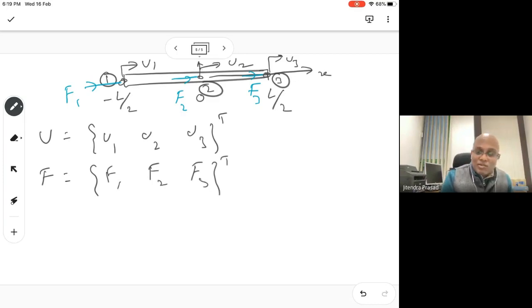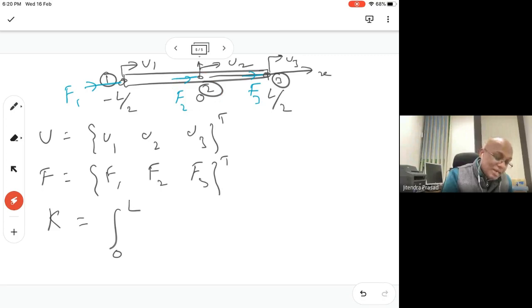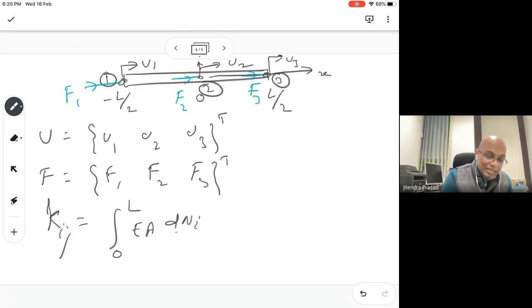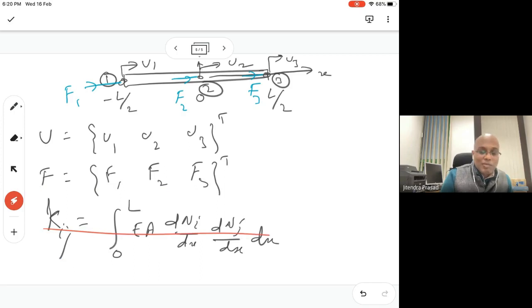Now we only want to find out what the stiffness matrix is. As you know, K, if you look at the weak formulation that we know now, Kij is given by the integral of EA dNi dx dNj dx. The same thing we can apply here.